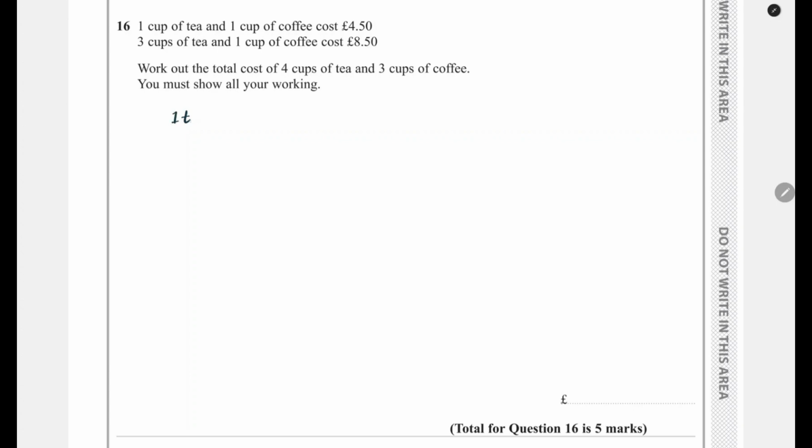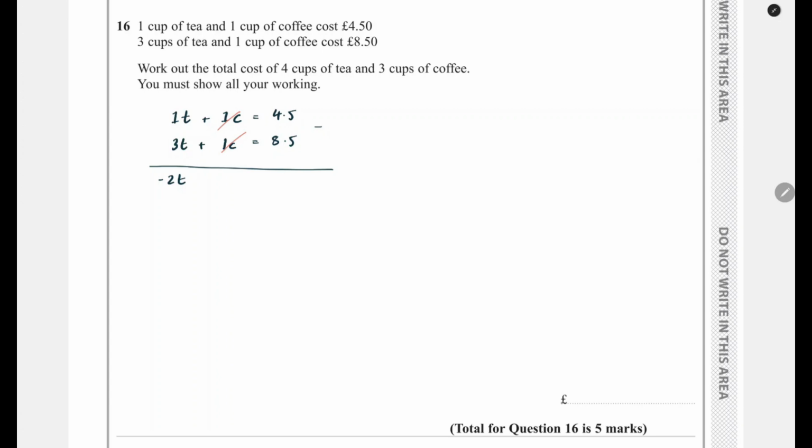So 1T plus 1C costs us £4.50. The next one would be 3 cups of tea, so 3T plus 1 cup of coffee, 1C, is equal to £8.50. So we have a simultaneous equation. What we can do is take these 2 away from each other. So if we say the first equation minus the second equation, we have 1t minus 3t, which is minus 2t, and 1c minus 1c is 0c, so they cancel each other out.